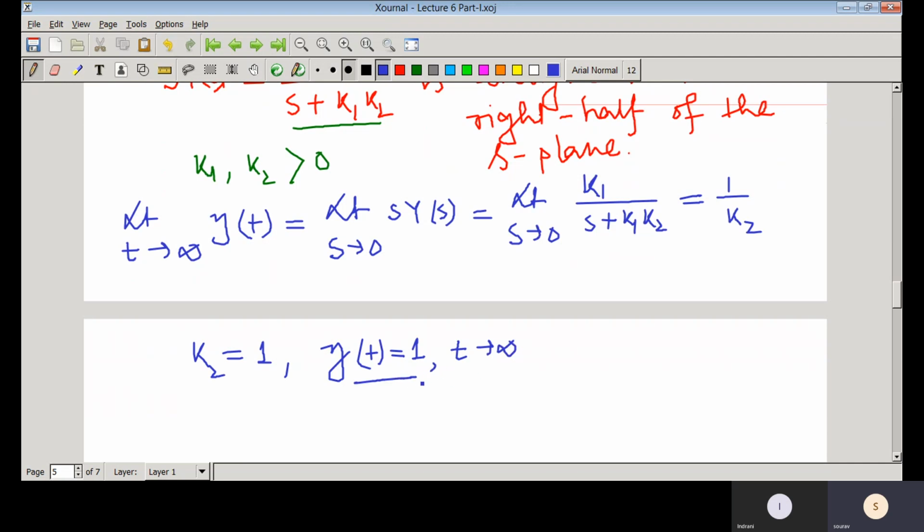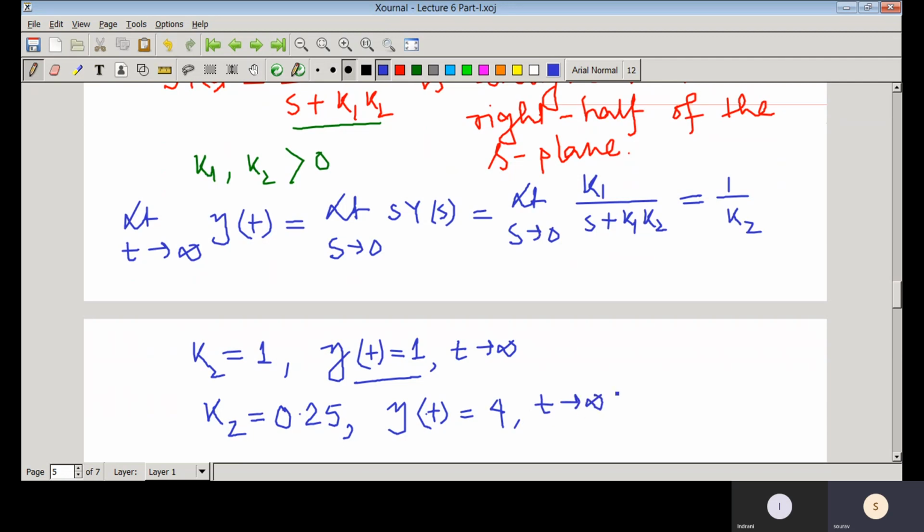Now if you change K2 to 0.25, you will see that the steady state value of the control variable becomes 4 when t tends to infinity. From here you can also understand the role of feedback in a closed loop control system.